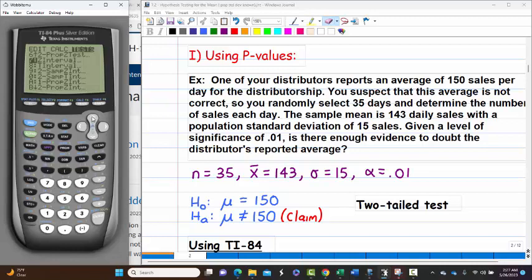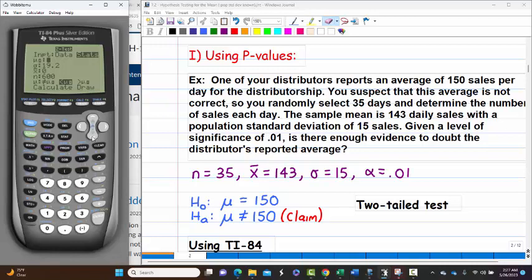I've had students before, especially in face-to-face classes, bring their calculator to me and ask why this does not look right, and usually it's because instead of Z-Test, they picked Z Interval. Now we want Stats here because we're going to be entering in the values. Stats means you're entering the numbers.